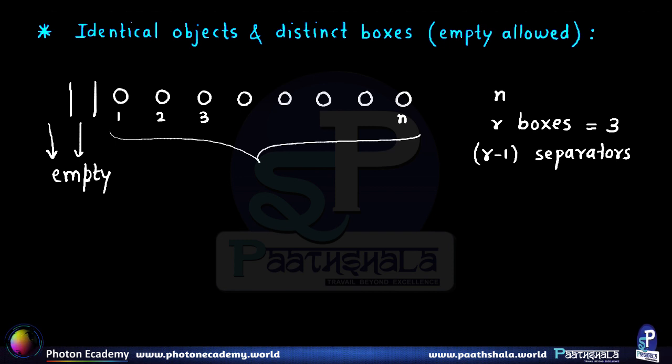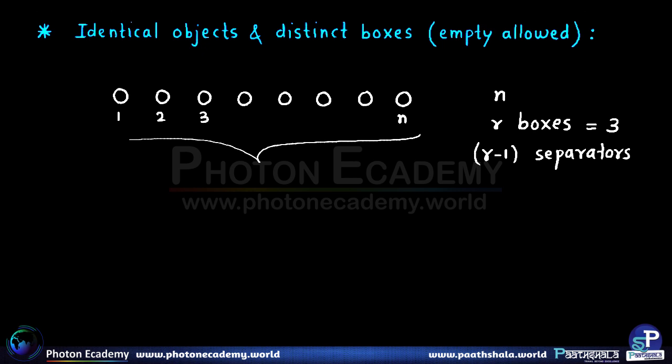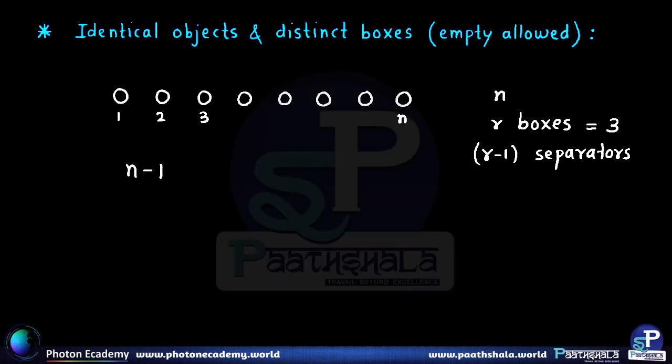So hence now we can generalize and write down the expression for the number of ways in which we can divide the given objects, which is nothing but, there are n objects. So we have n minus 1 locations as before, but we also now have r separators.